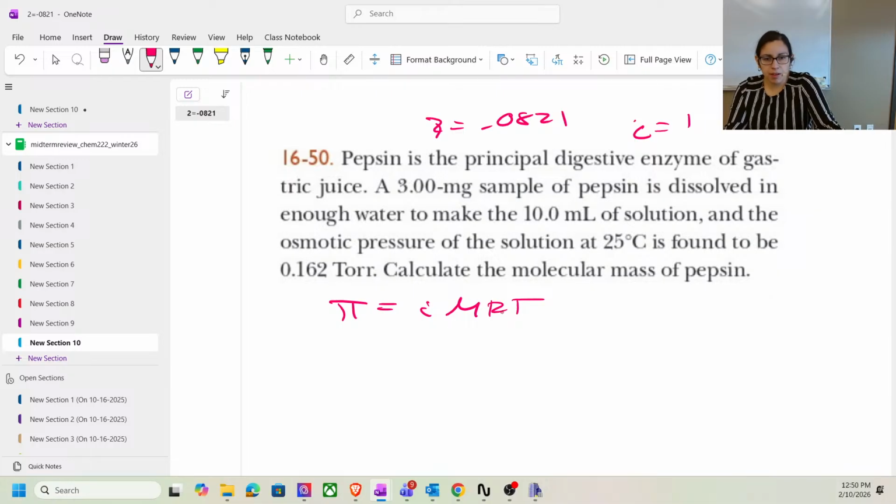So times our molarity times R times T. And then we probably have to change this to atm, right, since this is torr and we're in 0.0821 atm gas constant land.